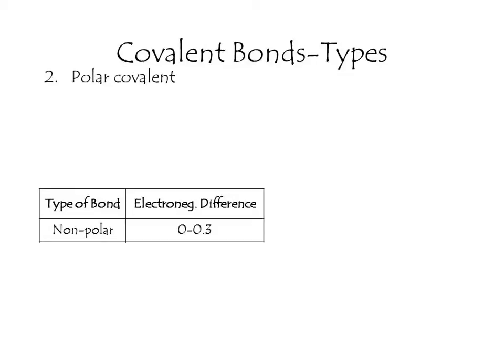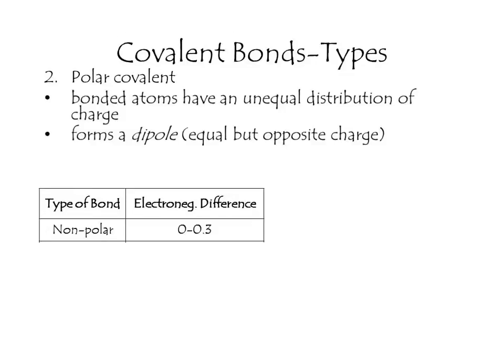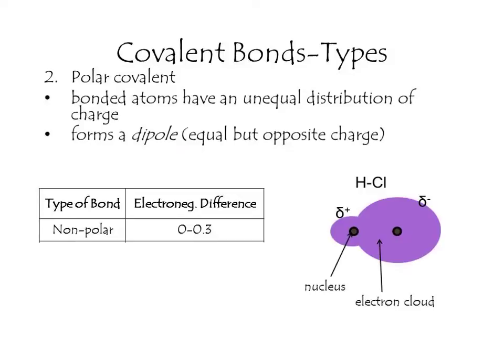So let's go ahead and talk about polar covalent bonds. A polar covalent bond is an unequal sharing of electrons, and because there's unequal sharing of electrons, you form what is called a dipole. A dipole is similar to a positive or negative charge in an ion, but for us it's not a true charge, so we call it a pseudo charge. If we look at this example right here, here is HCl.